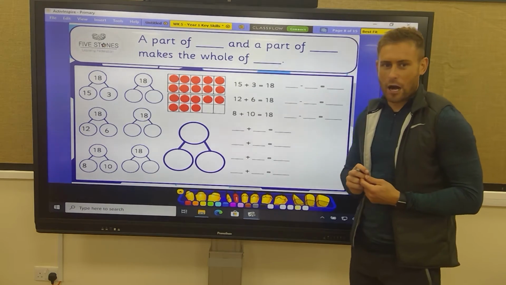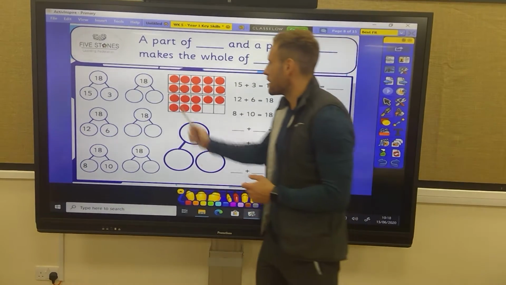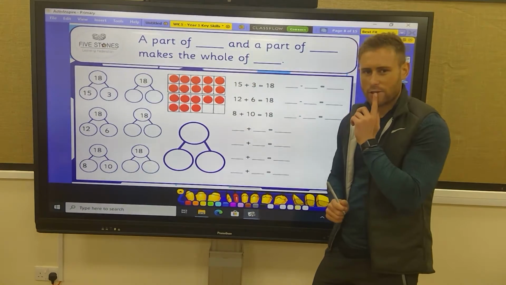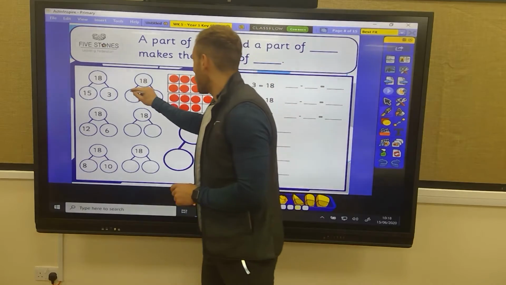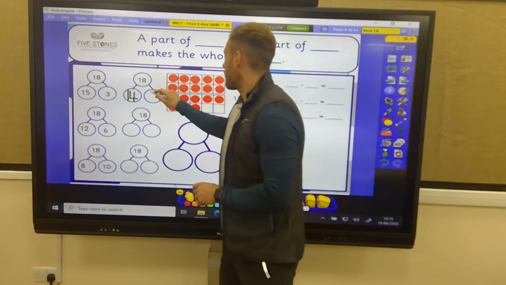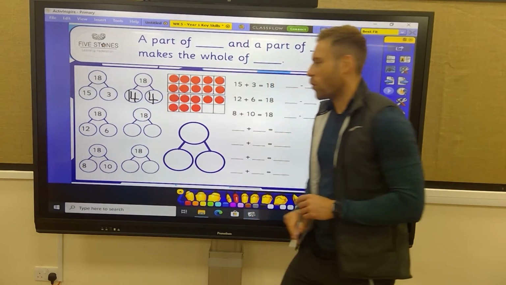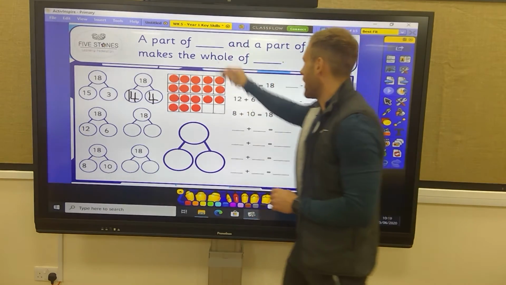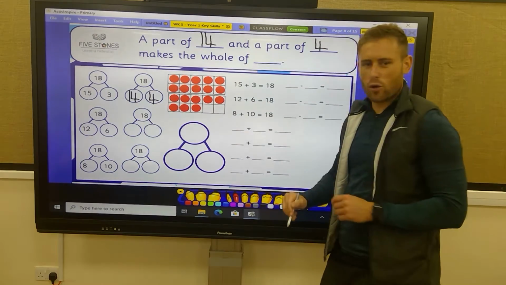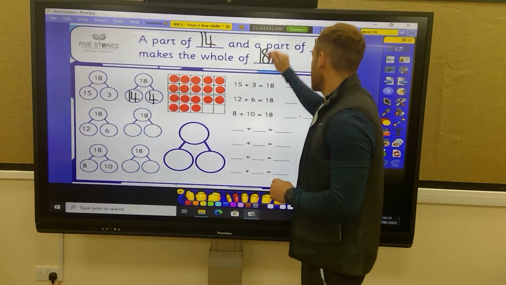Okay. I now want you to add what you've just done. So some of you might have spotted that a part of 14 and a part of 4 makes the whole of 18.